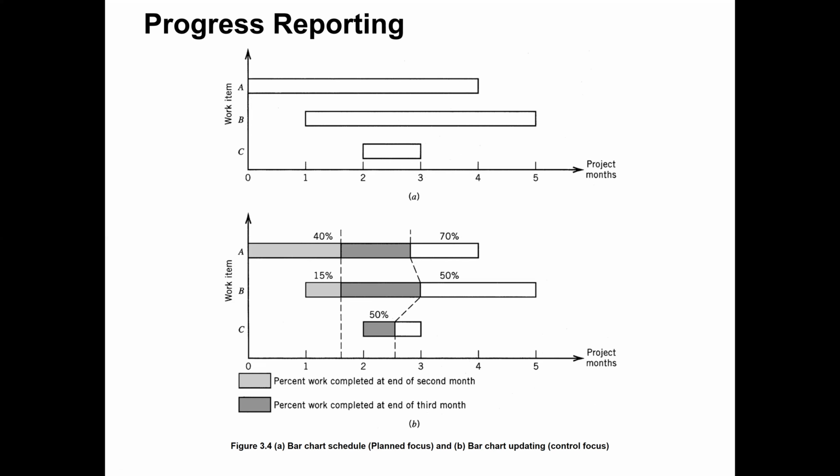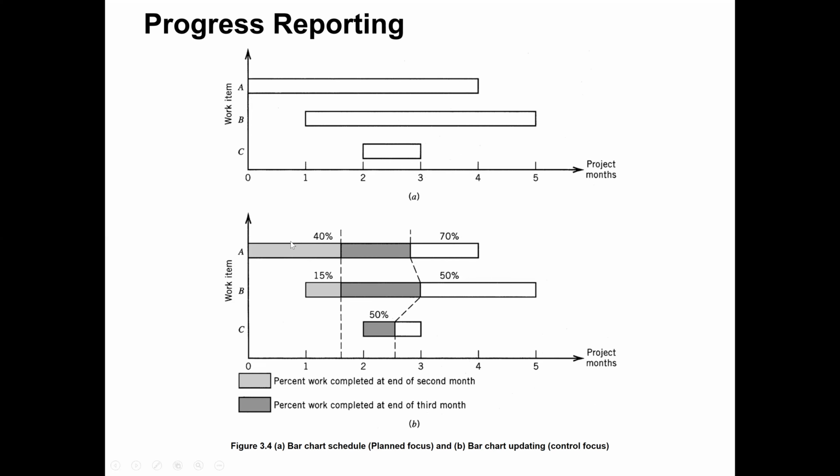Usually the project managers use this kind of bar chart to report the progress. Whatever work is done on site, they use these charts and different colors, yellow or some other color.